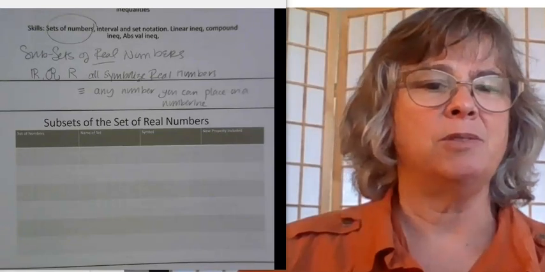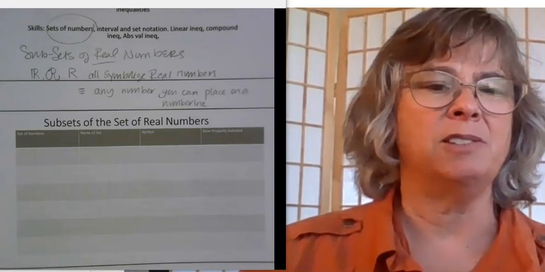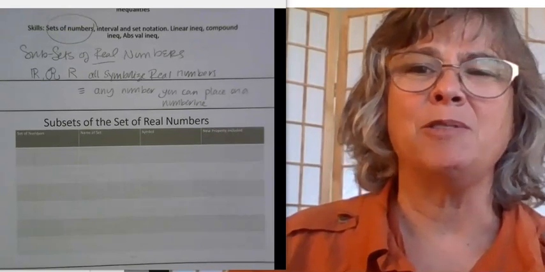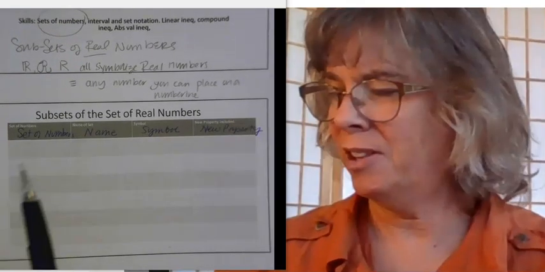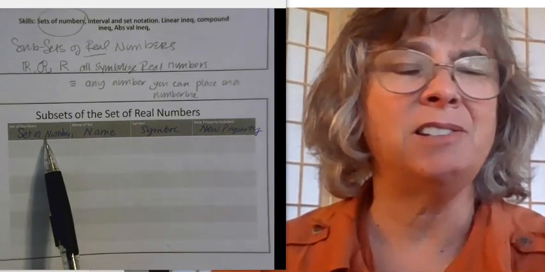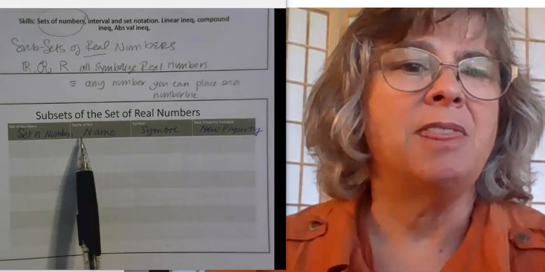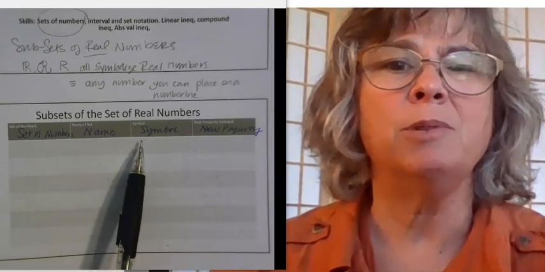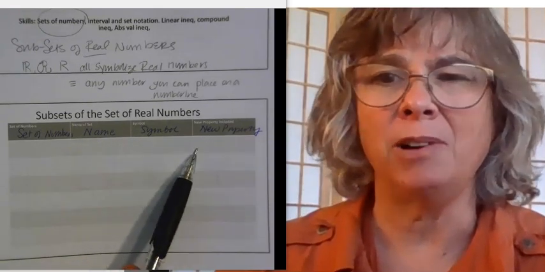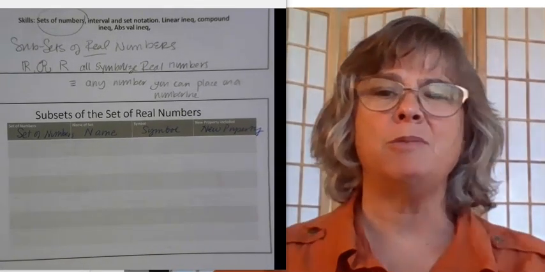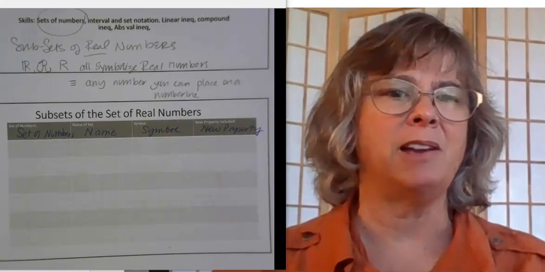If you're taking notes, take a second now to copy over what the headings are. The headings are the set of numbers, I'll list the numbers if we can, the name of that set, the symbol used, and then new property. That new property will make sense after we fill in most of the table, so we're going to leave that blank for a little bit.